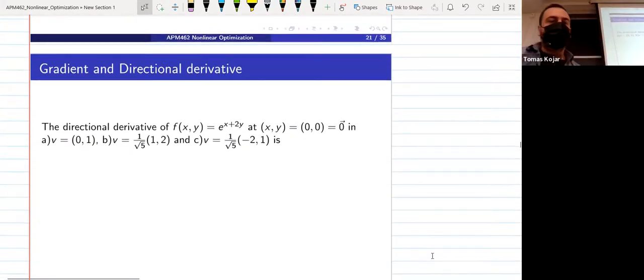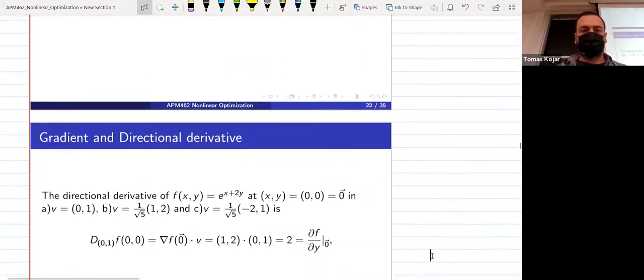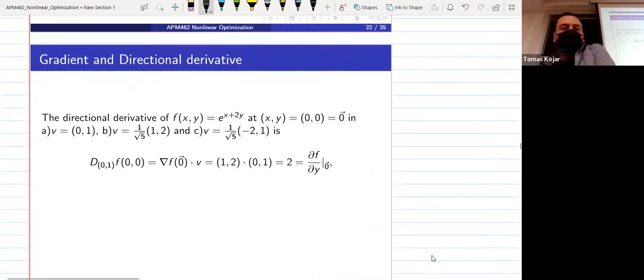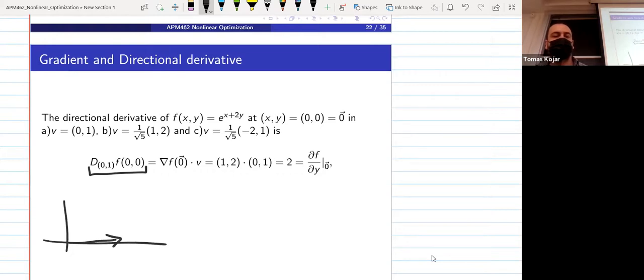All right, let's do some examples. I'm going to find the directional derivative of this function at the origin (0, 0), and I'm going to do it for each of these vectors. Let's check the first one. By definition, the directional derivative along the direction (0, 1) is given by the dot product of the gradient with the vector b.